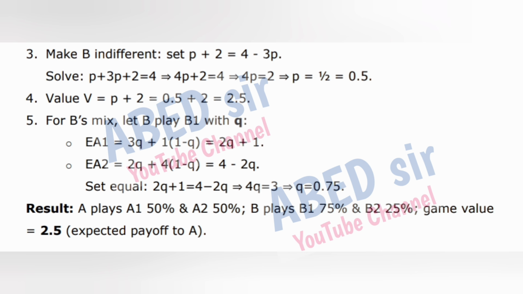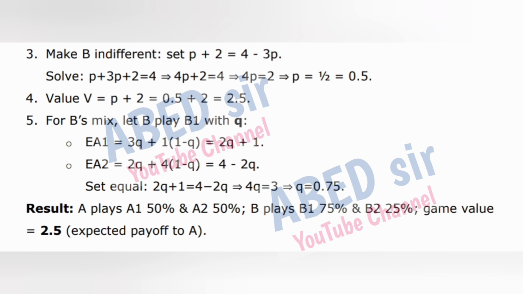5. For B's mix, let B play B1 with Q. E(A1) = 3Q + 1(1-Q) = 2Q + 1. E(A2) = 2Q + 4(1-Q) = 4 - 2Q. Set equal, 2Q + 1 = 4 - 2Q, 4Q = 3, Q = 0.75.